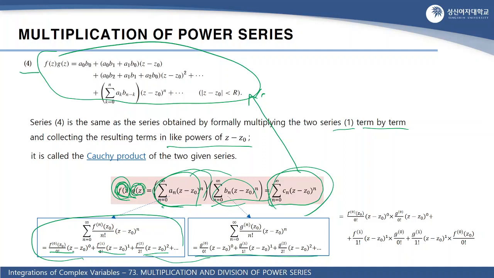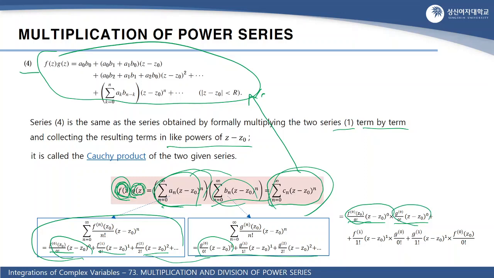First, when we consider the constant from both series, we get this, which is the 0 power of x minus x naught.